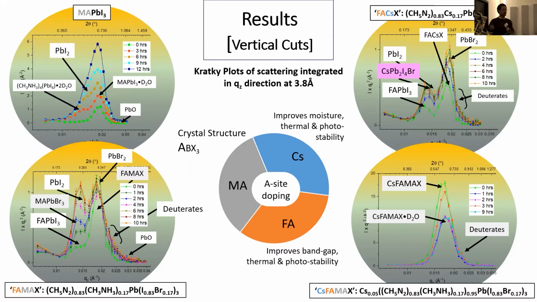So MAPI is your archetype, and then there are other cations, formamidinium or cesium, and these typically improve the perovskite's properties optically as well as in terms of stability because they have better sizes and structural bonding between the lead, the iodine, etc.